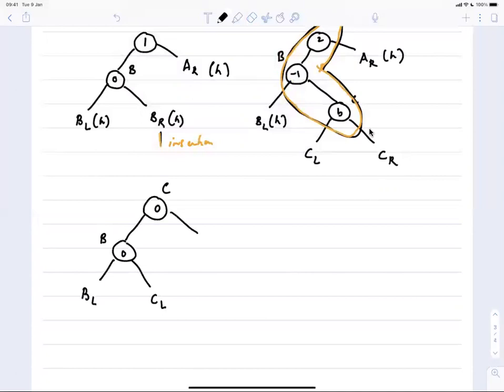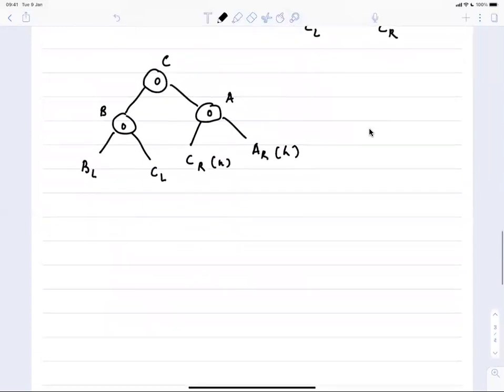And does that reduce the height of this tree? This is A, and this should have CR and AR. Now this is of height H, this is of height H, this was height H plus 1, so this will become height H. Okay, so this is what we do in insertion.